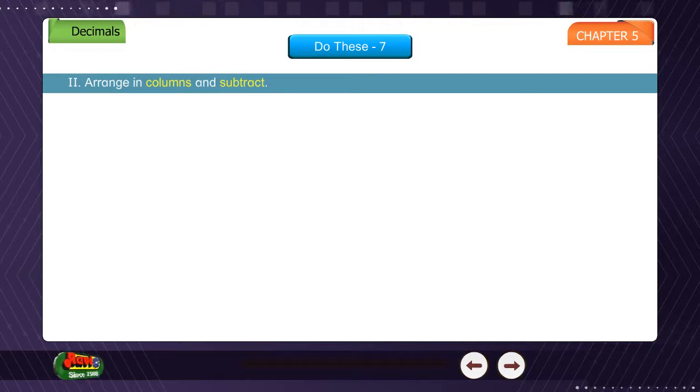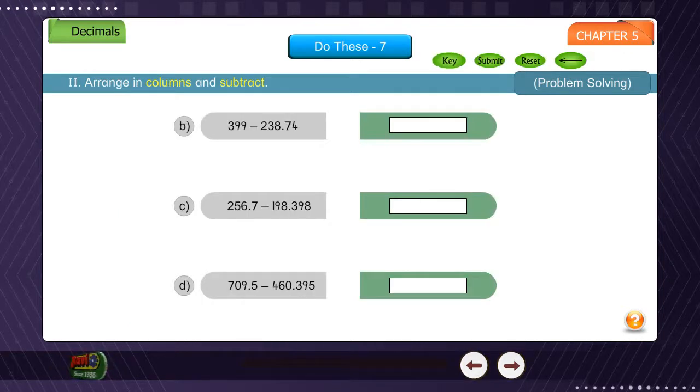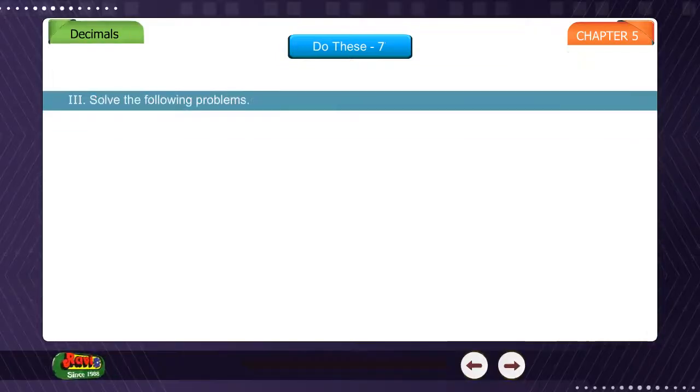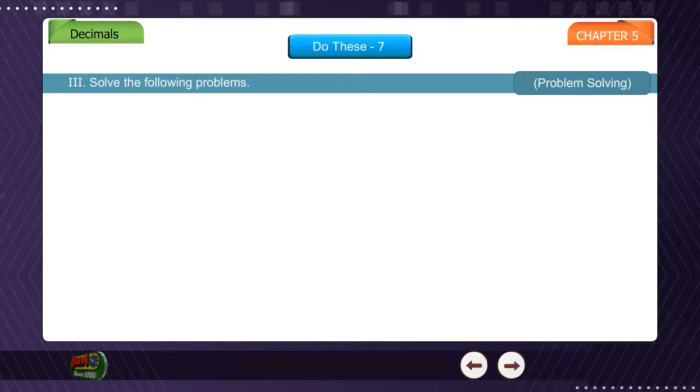Arrange in columns and subtract. Problem solving. 3. Solve the following problems. Problem solving.